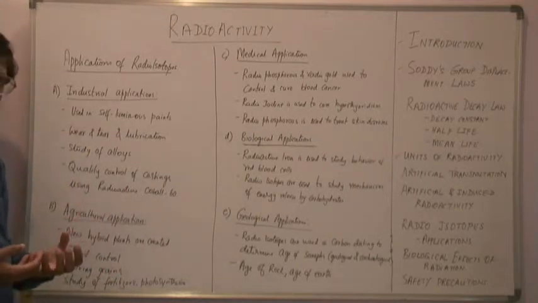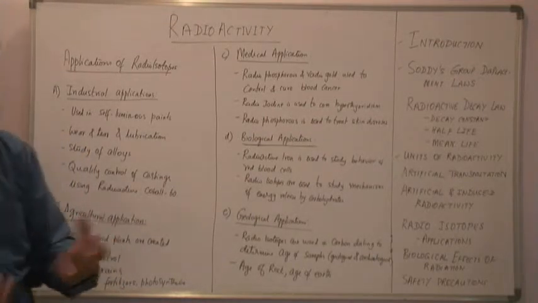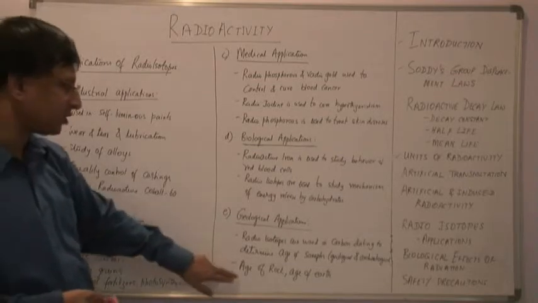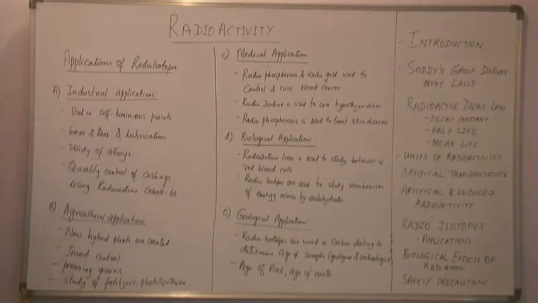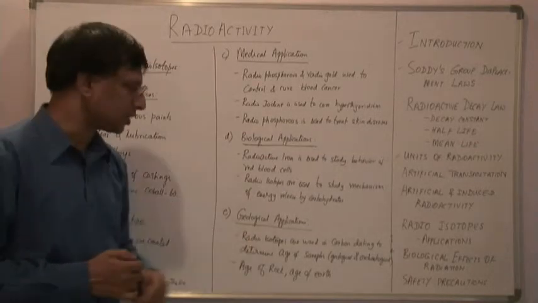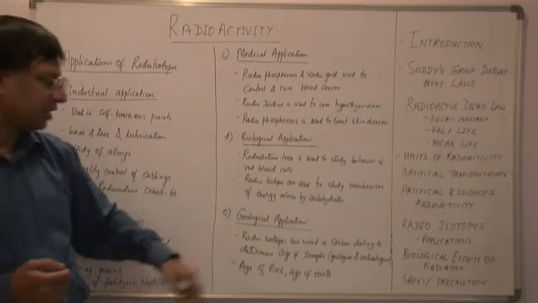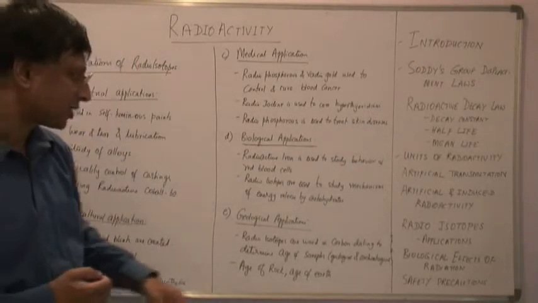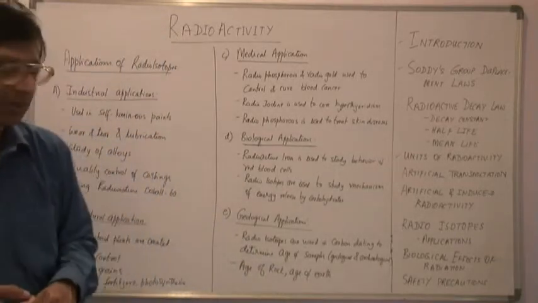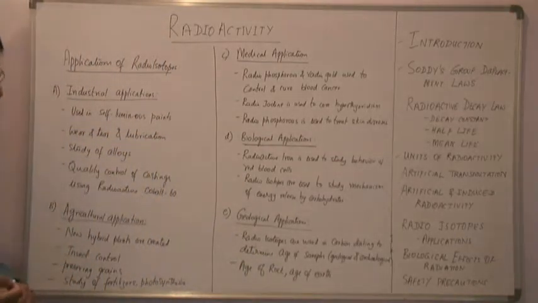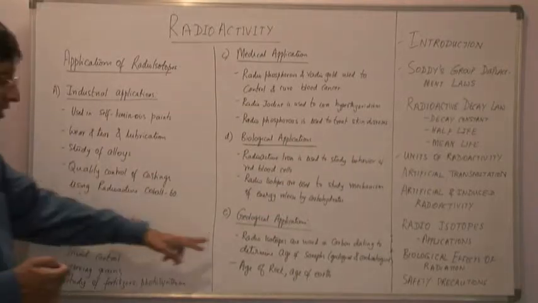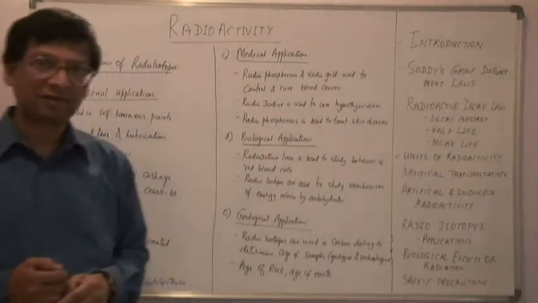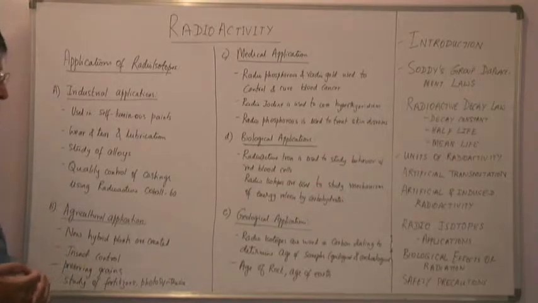By knowing how many of these elements are still remaining, we can find out the age of rock, age of earth, etc. Radioisotopes are also used in carbon dating to determine the age of geological and archaeological samples. These are based on the half-life and mean life of radioactive materials.